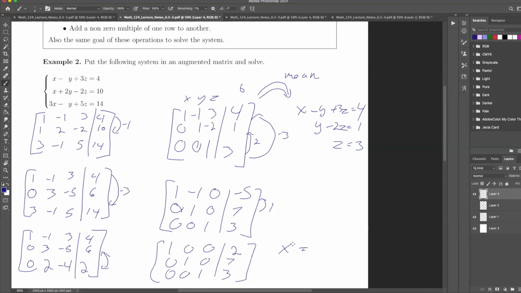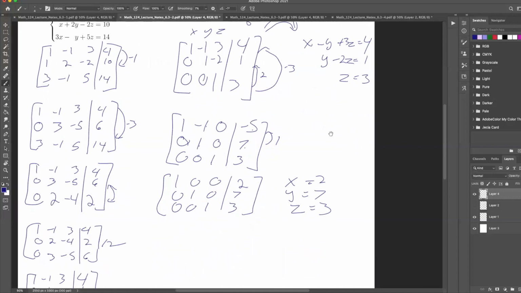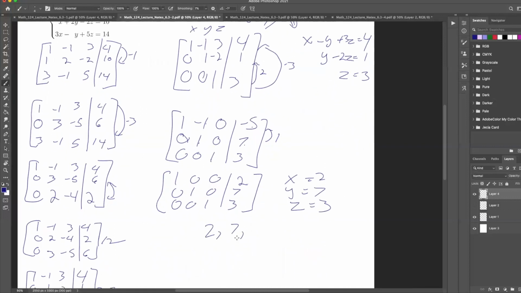Okay, so x plus, so notice here, this plus this is 0, and this plus this is 2. So here I have 1. So x equals 2, y equals 7, and then z equals 3. And so if you do this, you've completed your goal. In fact, you can just write down the answer from here. You can write 2, 7, 3.